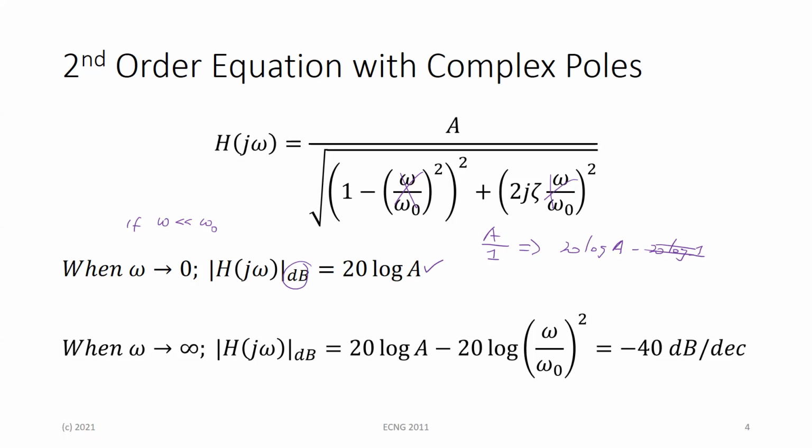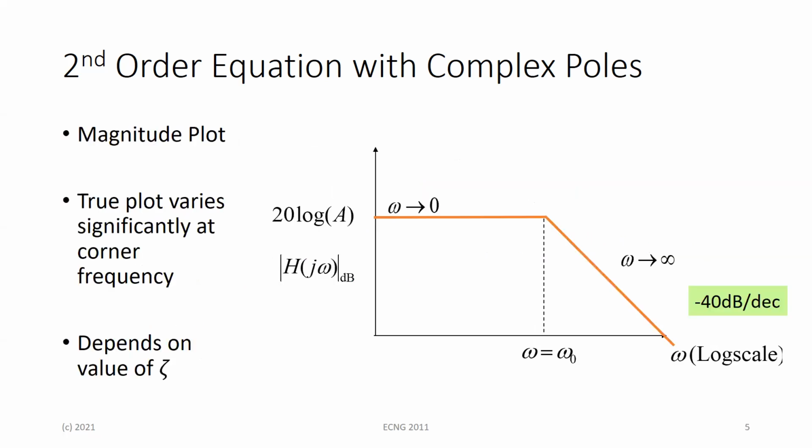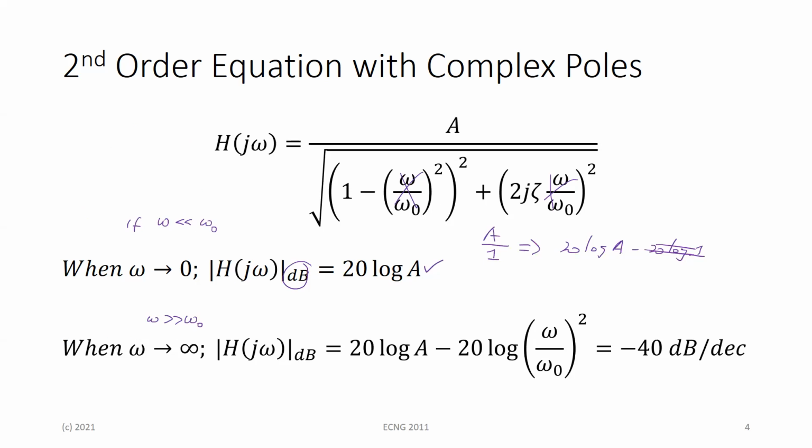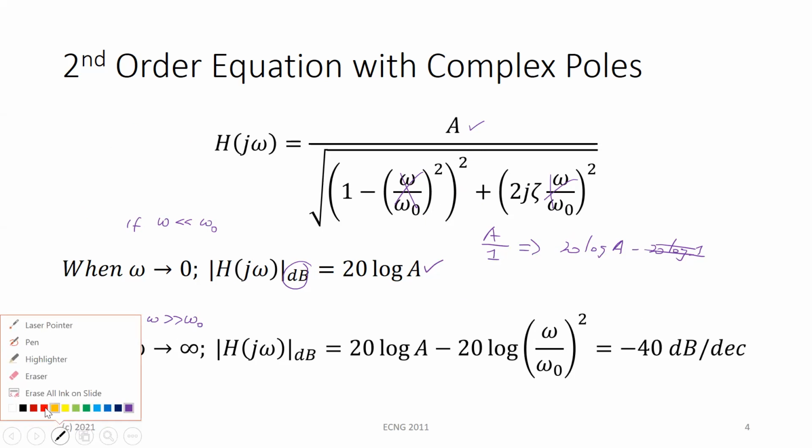Now when omega starts to get very big, or it goes to infinity, or if you like, omega much greater than omega 0, what happens now? This is unaffected. Notice these two components we have in here.